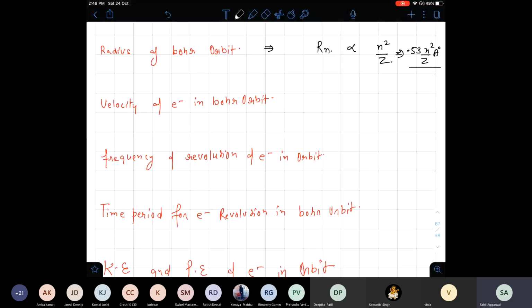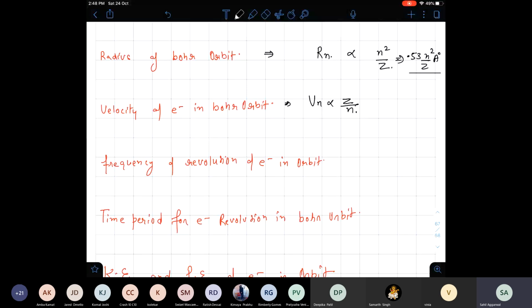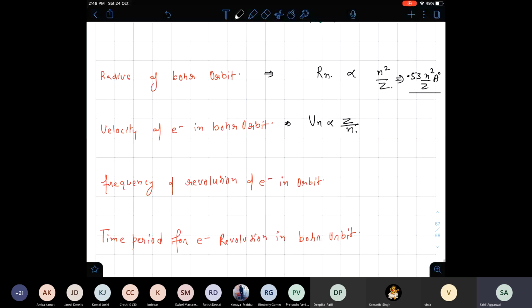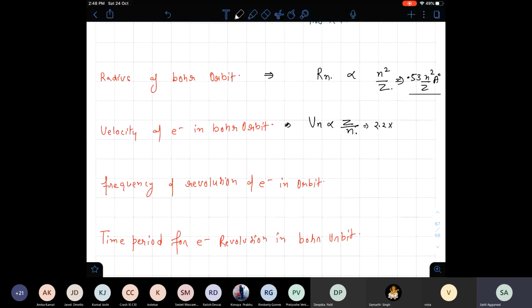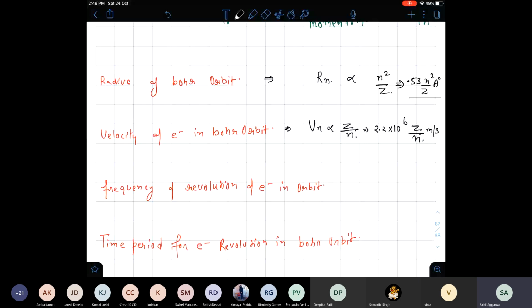Velocity of electron in nth orbit is directly proportional to z by n. It will be 2.2 into 10 to the power 6 into z by n meter per second.